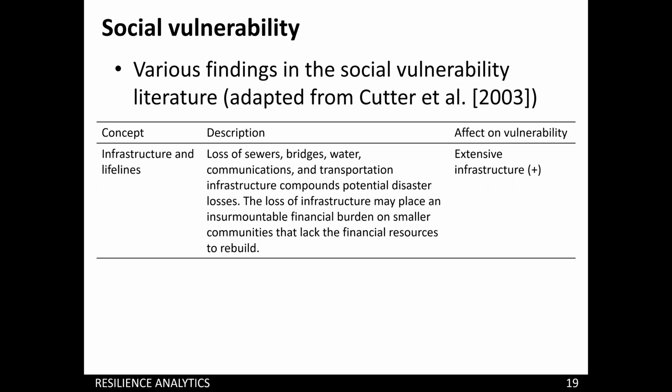Being in areas that are highly dependent on physical infrastructure networks could increase social vulnerability, right? Being highly dependent upon, for example, a public transportation network, like in New York City, that tremendous reliance on that network might increase social vulnerability.